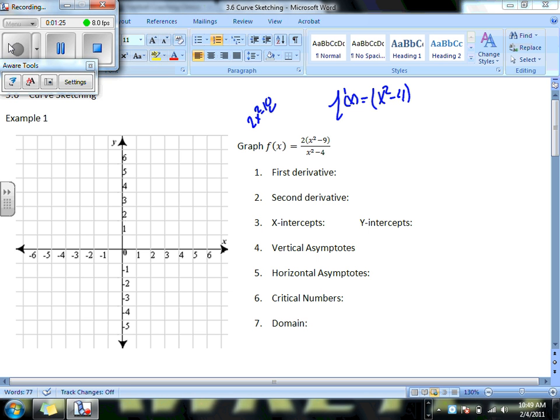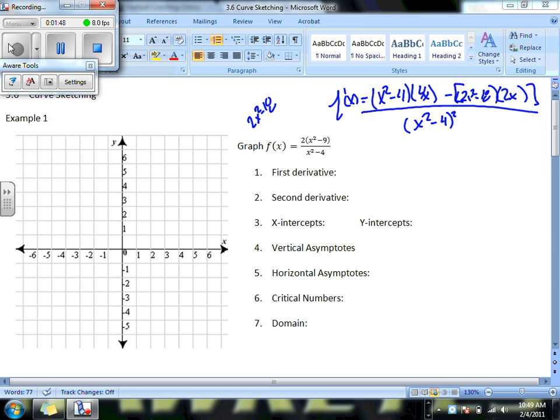So when we take the derivative of the top, we just have 4x, minus, then we keep the top, 2x squared minus 18, times the derivative of the bottom, which is just going to be 2x. That's all over the bottom squared, so x squared minus 4 squared.